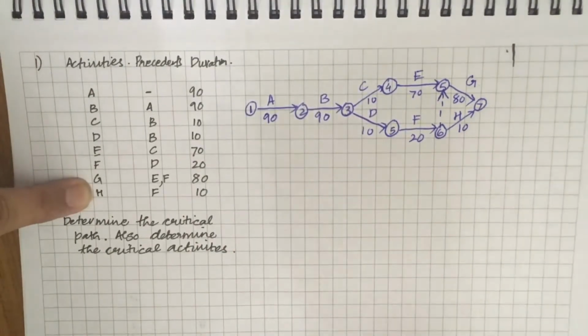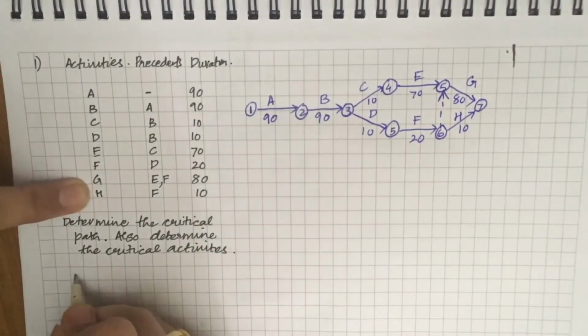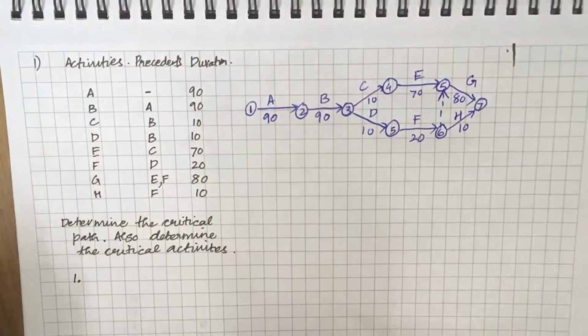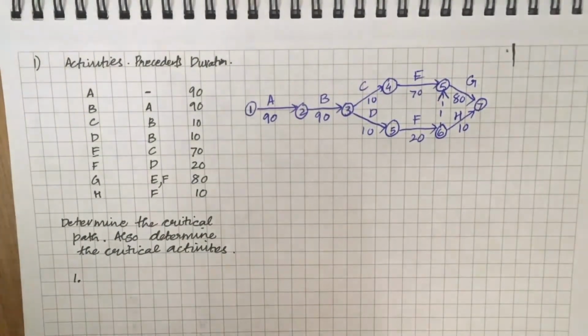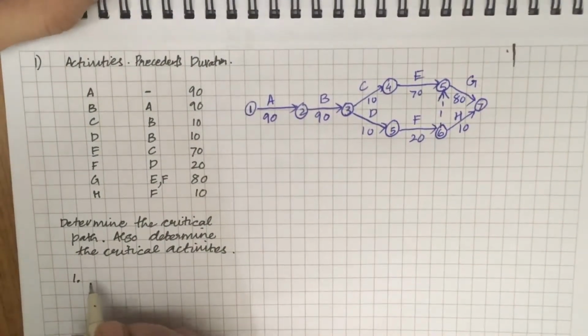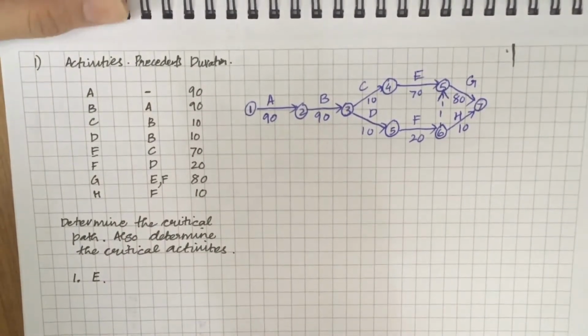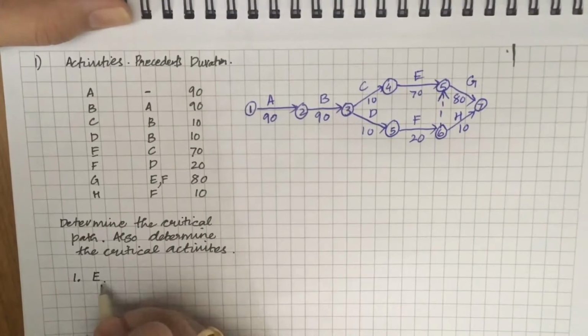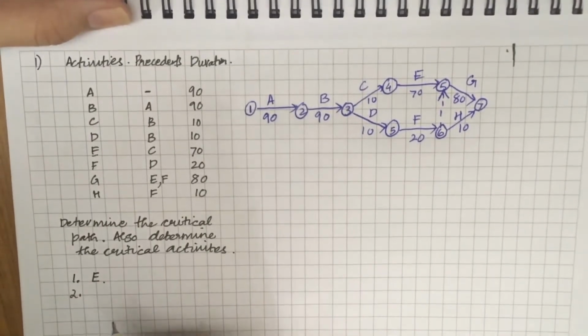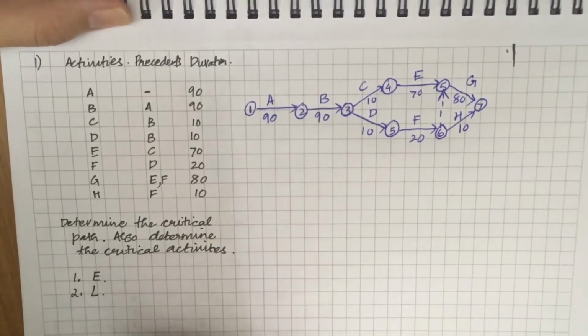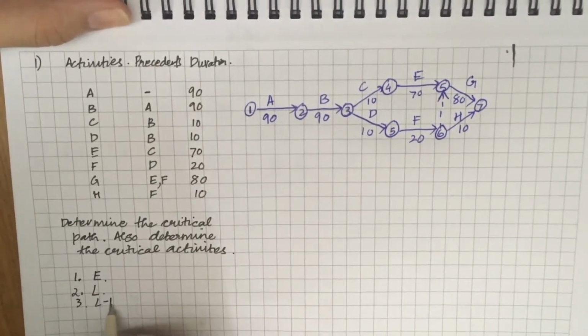As we had discussed in the previous lecture, the first step to determine the critical path is finding the value of E, that is the earliest occurrence time for an event. The second is to calculate the latest occurrence time of the event, that is L, and third is to calculate L minus E, which is the slack.